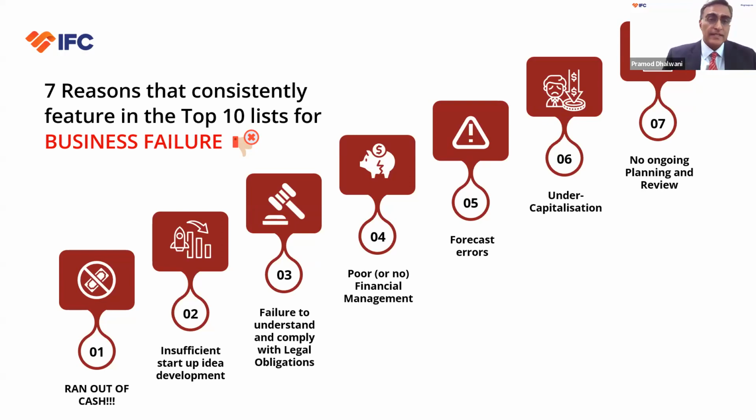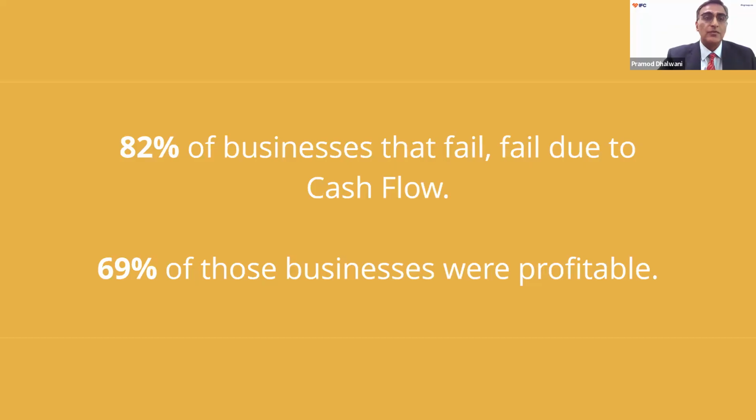There are a lot of other reasons as well: insufficient startup idea development, failure to comply with legal requirements, poor or no financial management. There are many other reasons, but the number one reason businesses close down is that they run out of cash. But there's another important fact, which is even more interesting. 82% of the businesses that fail do so due to cash flow.